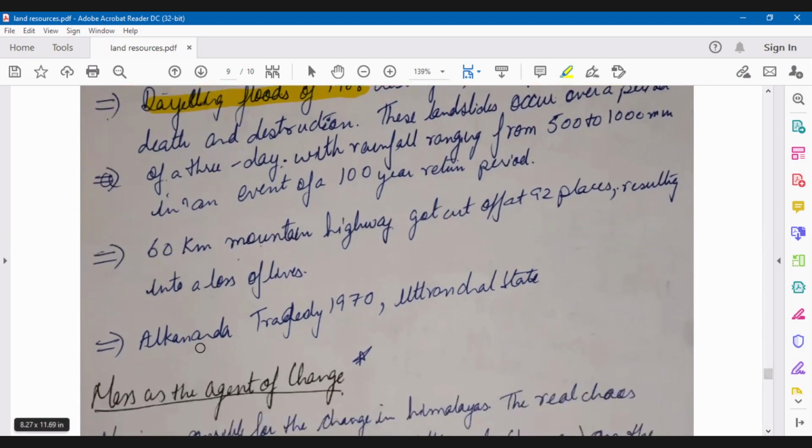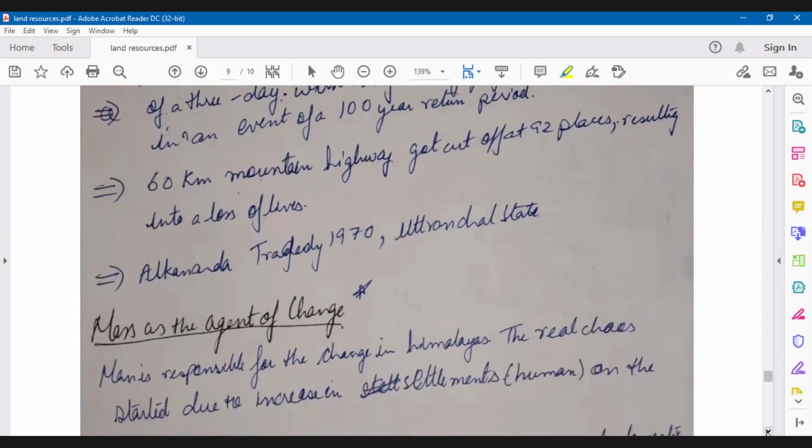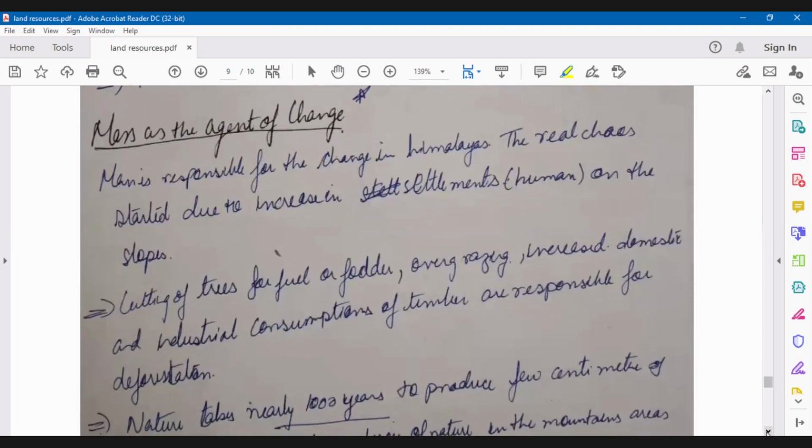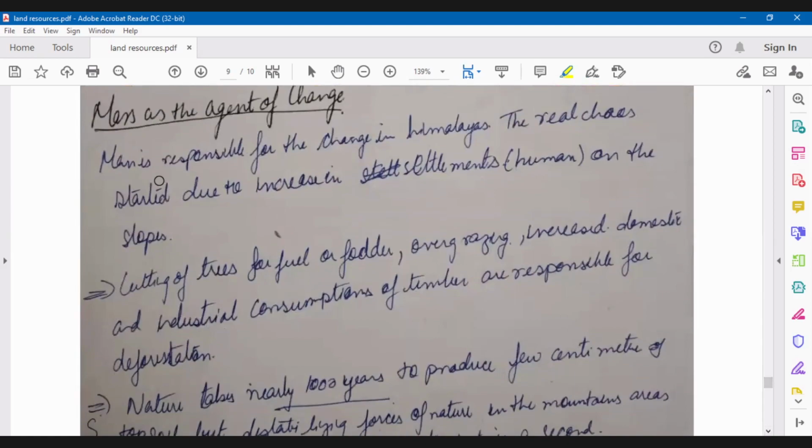Then the Alaknanda tragedy in 1970, and then the Kedarnath tragedy in 2013. All these are examples of landslides. Man as an agent of change. Man is responsible for change in the Himalayas. The real chaos started due to increase in settlement of humans on the slopes. Cutting of trees for fuel and fodder, overgrazing, and increased domestic and industrial consumption of timber are responsible for deforestation.